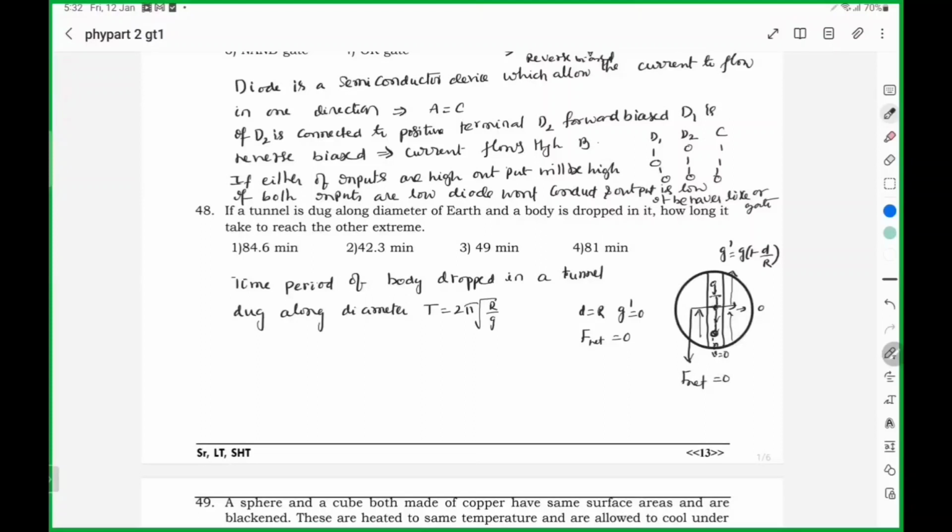So whenever it executes SHM, where net force is 0, we have to consider. Slightly displace it from equilibrium position by a distance x, then you will have a net force mg dash, which is m into g dash, g into 1 minus d by r. That is mg into r minus d by r. So here it is at a depth d.